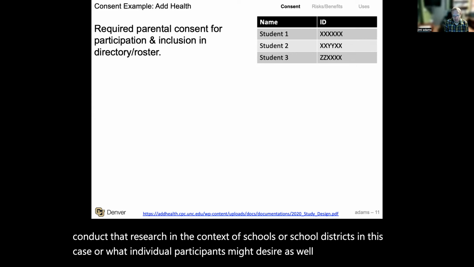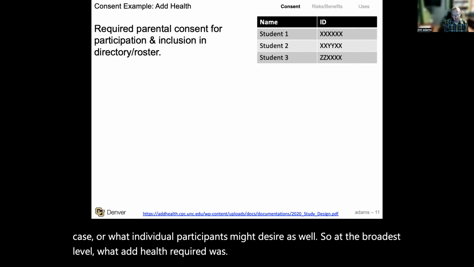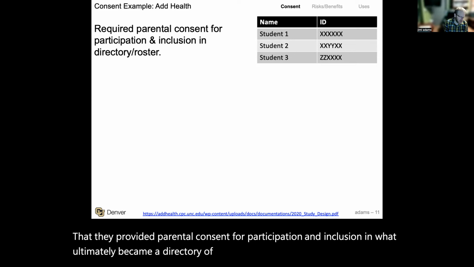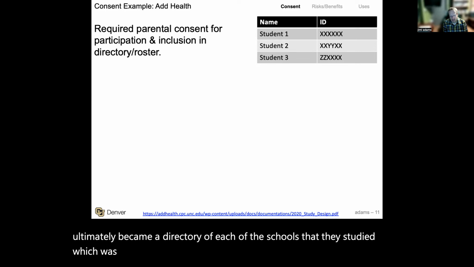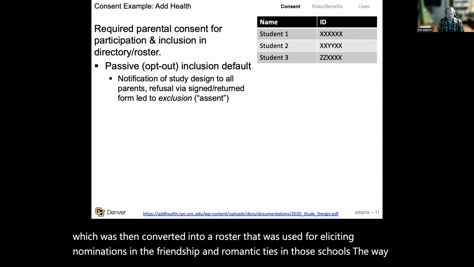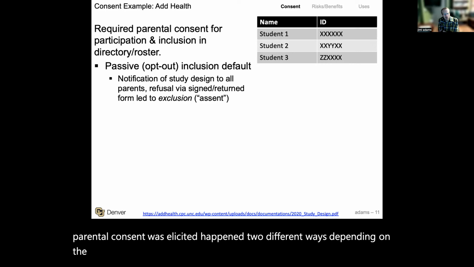At the broadest level, what AdHealth required was parental consent for participation and inclusion in what ultimately became a directory of each of the schools they studied, which was then converted into a roster used for eliciting nominations of friendship and romantic ties in those schools. Parental consent was elicited in two different ways depending on the school district. The default was what can be referred to as a passive or opt-out inclusion strategy.